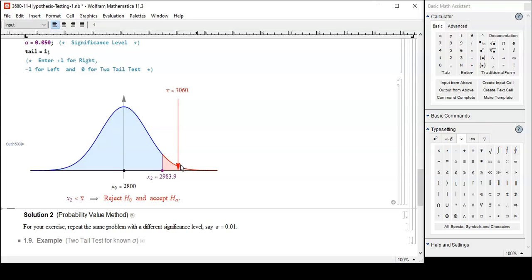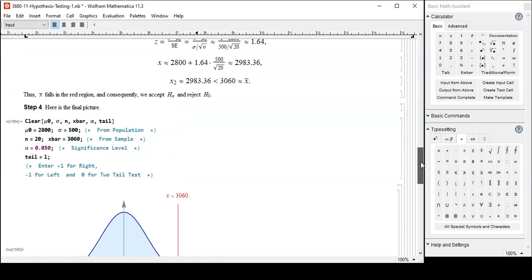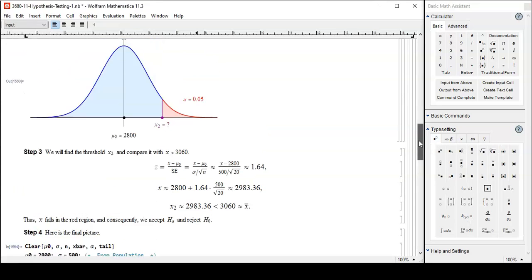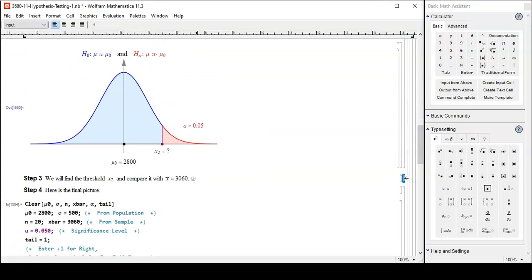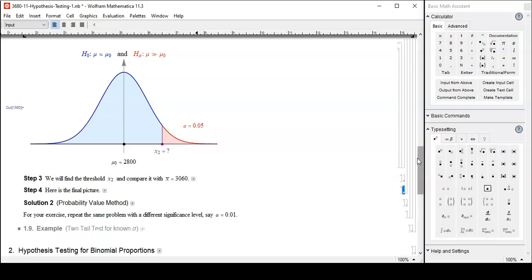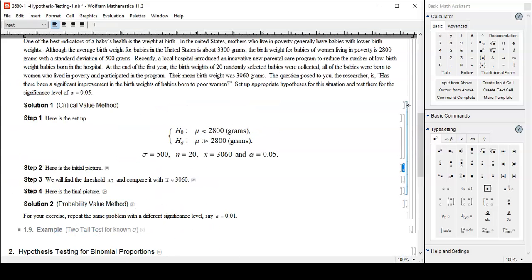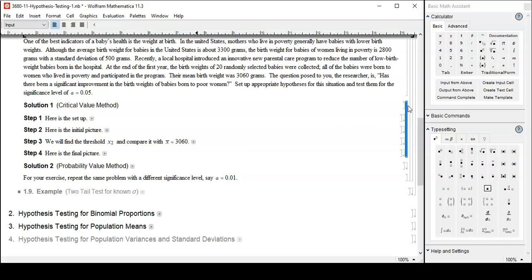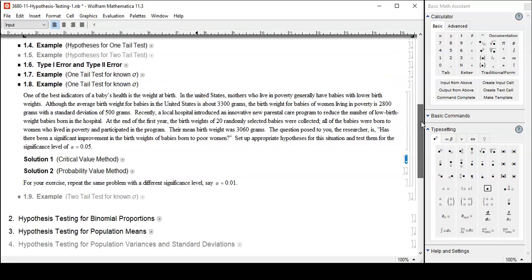So we're going to reject the null hypothesis and accept the alternative hypothesis, which means there was an improvement. There was statistically significant improvement. So we're going to continue supporting this new parental care program to improve the newborn baby's health from family of poverty. This is how you work out the critical value method.